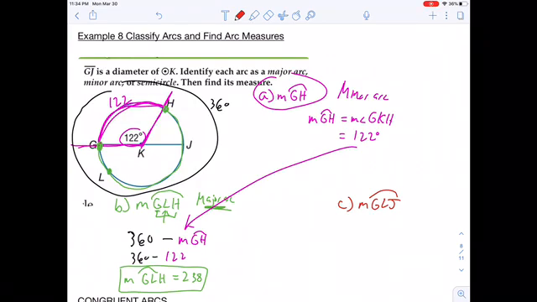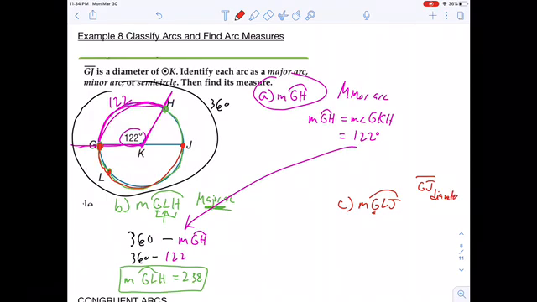And part C, we're talking about arc GLJ. Again, it's three letters, so it looks like a major arc. We're starting at G, the other endpoint is J, and the third point is L. So I go G to L to J in that order. What I notice is that G and J are the endpoints of a diameter.